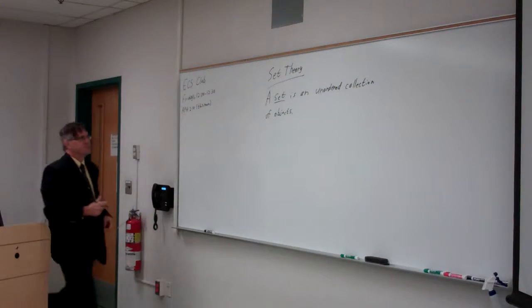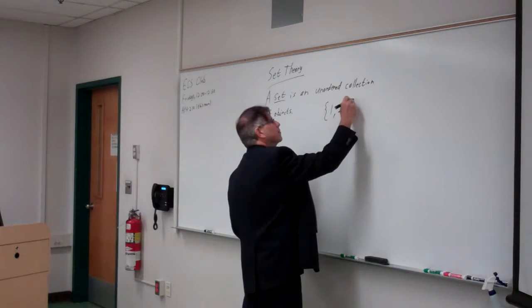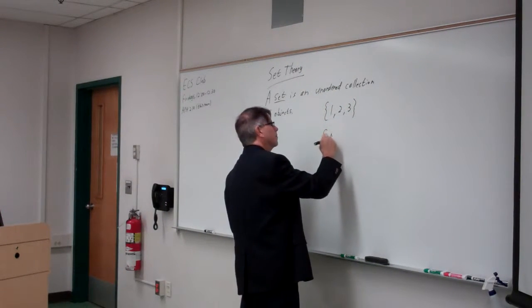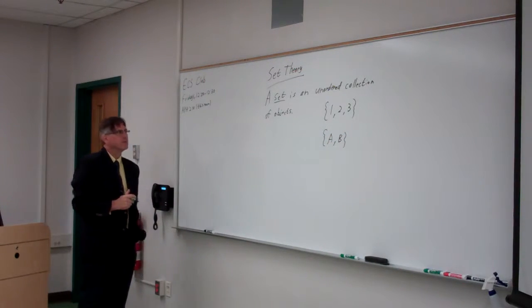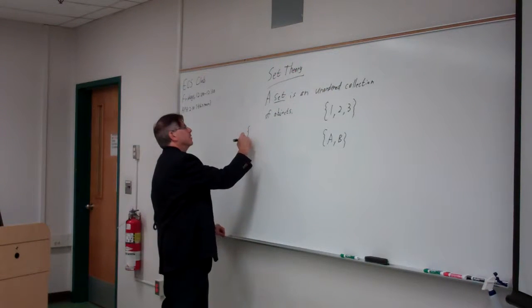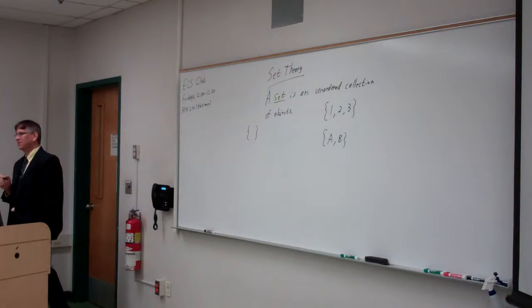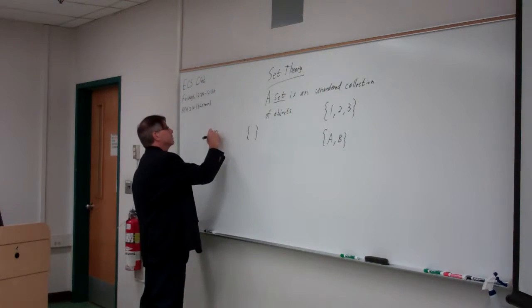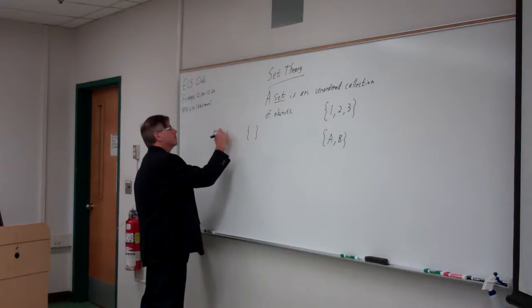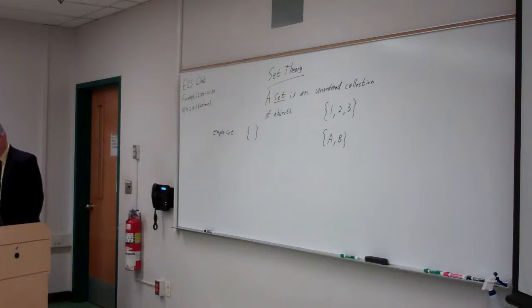So, for example, those are sets. This is also a set. It happens to be a collection of no objects, but it's called the empty set. But it's still a set, a collection of zero objects.